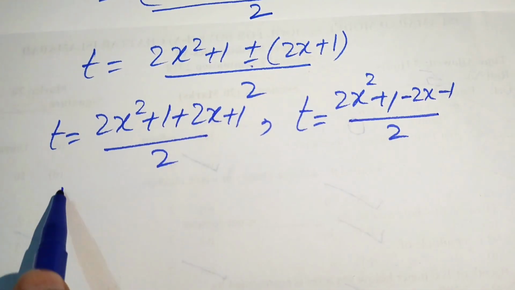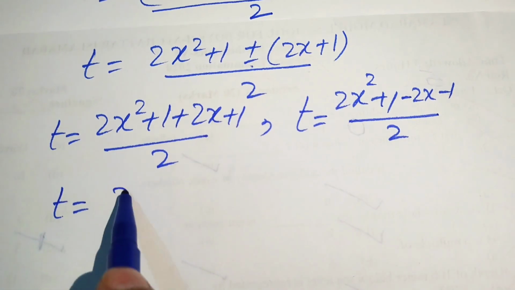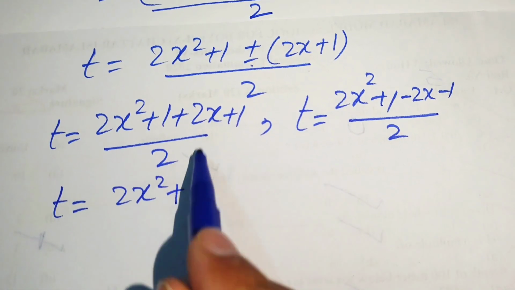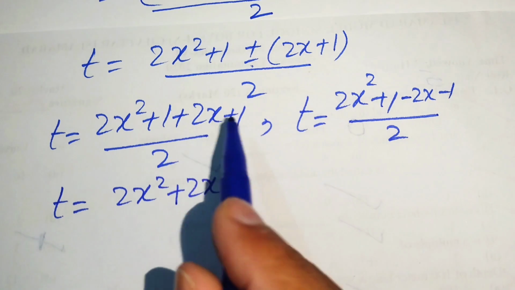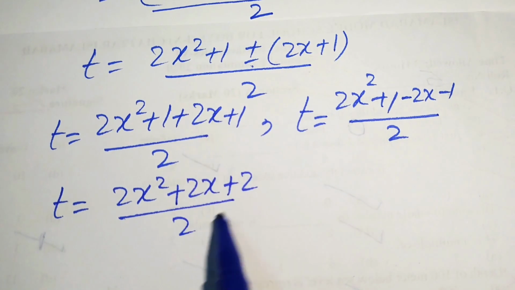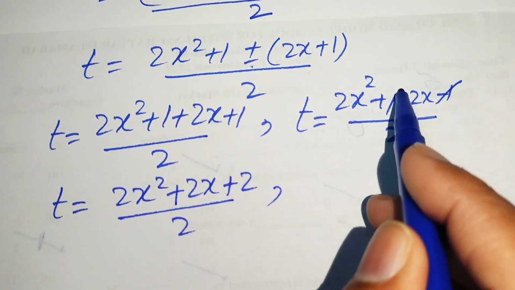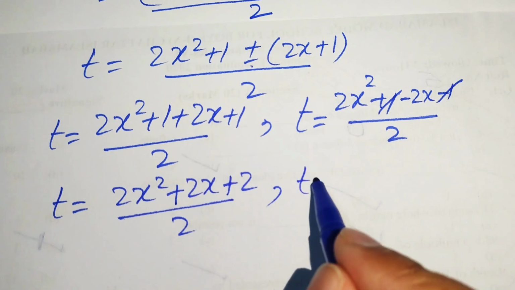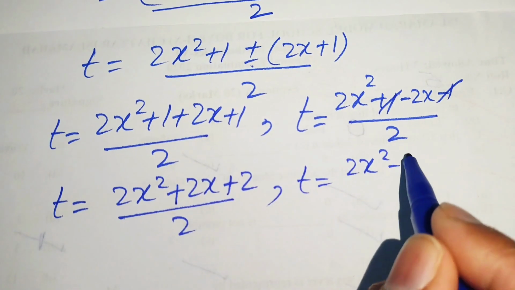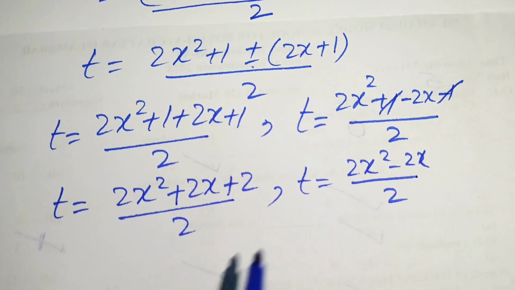So here you see that we have the values of t equals 2x² + 2x + 2 divided by 2, and in this case the 1 is cancelled, and we get t equals 2x² minus 2x divided by 2.